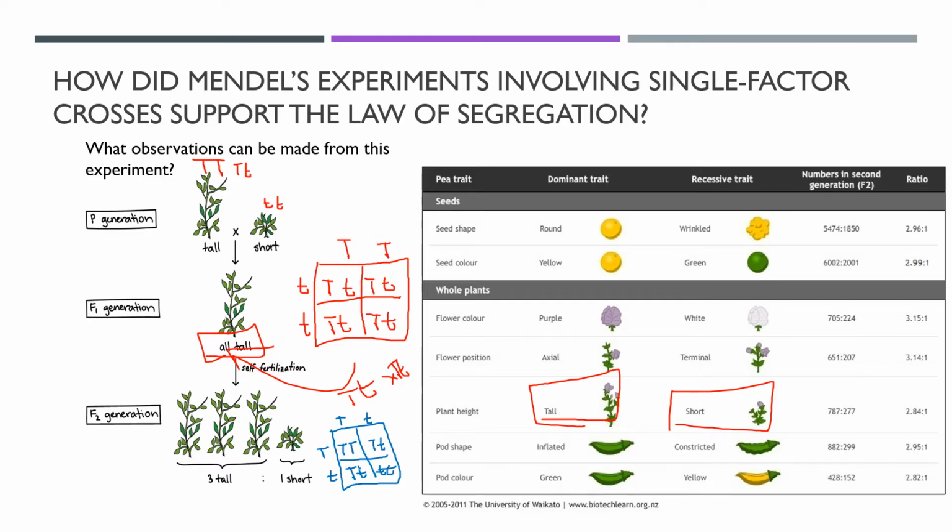All right, so there we see a 3-to-1 ratio. Did it match that? Yes, it did. Okay, so we have a 3-to-1 ratio. If we were really to break it down, we'd see a 1 to 2 to 1 ratio if we looked at the allele combinations or their genotype.